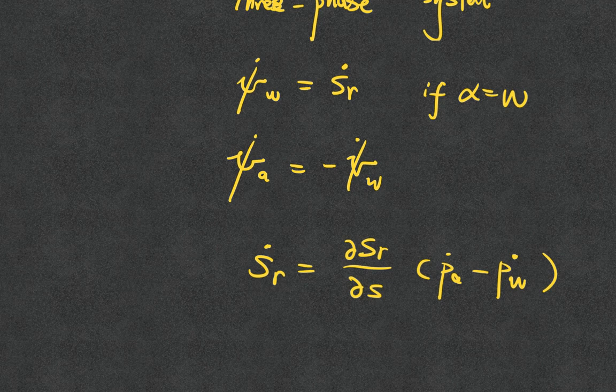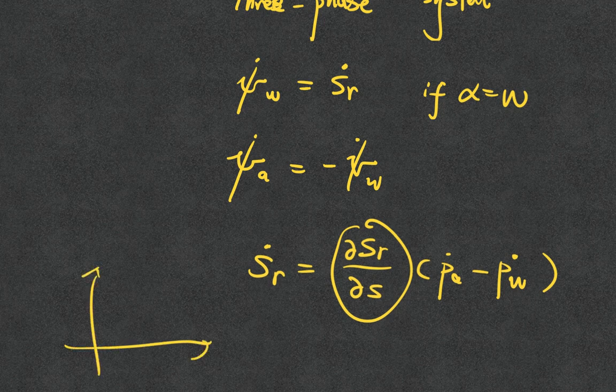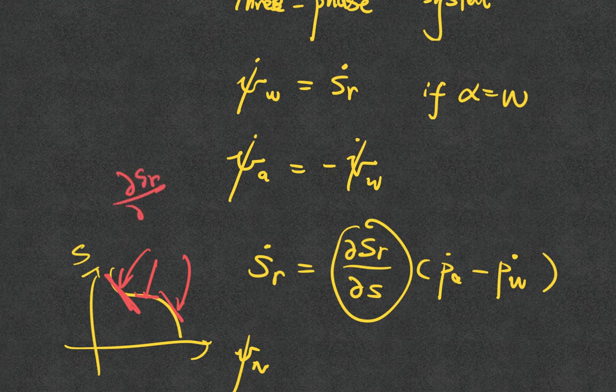Okay, so what is this? This is the water retention curve slope. So this is the curve where you have suction here and the degree of saturation of water, this curve. This slope at any point is the degree of saturation change with respect to the suction. Okay, so you need this S_r dot term.